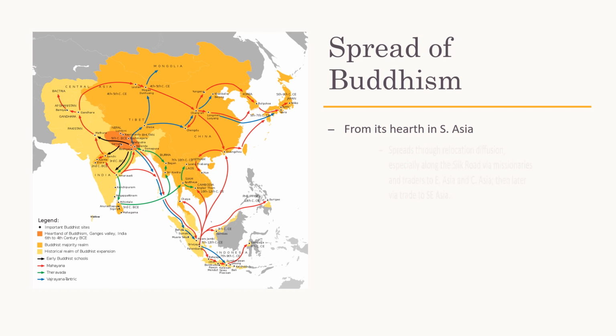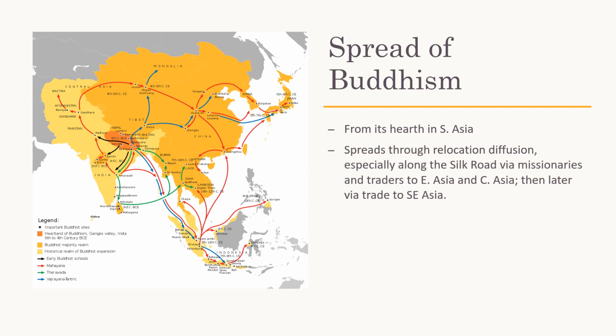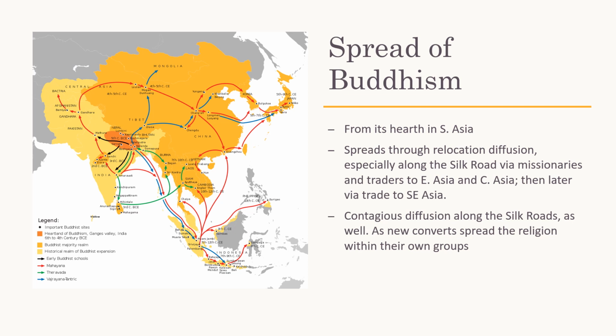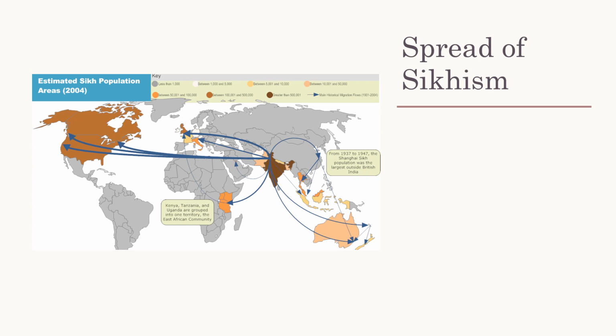When we see its hearth in South Asia, we really see it spread through relocation diffusion, missionaries and traders along the Silk Roads and traveling into the interior of China, and then from there converting individuals through contagious diffusion along those same paths. When we think about hierarchical, we can say maybe that some Chinese empires would force it upon groups, especially in western portions of China and portions of Southeast Asia as they expanded into those regions.